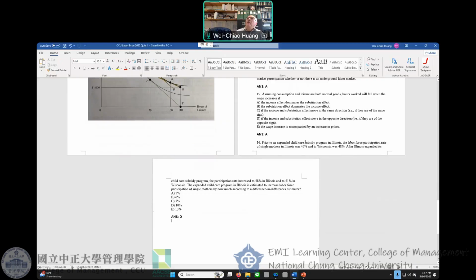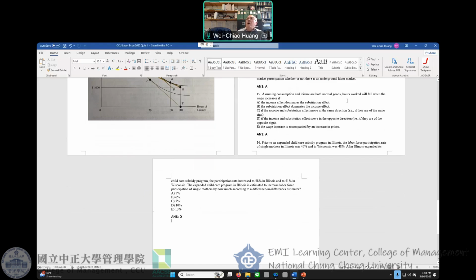Number 15, assuming consumption and leisure are both normal goods, hours worked will fall when the wage increases if what? The income effect dominates the substitution effect.